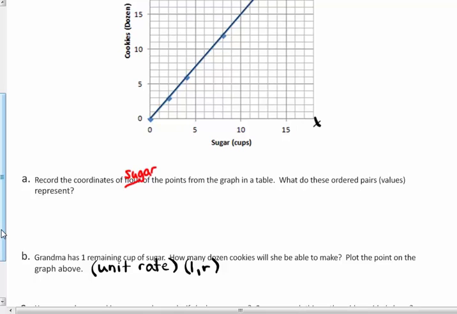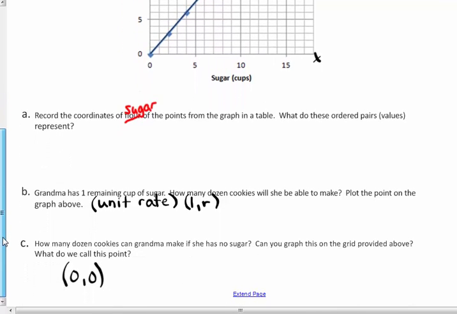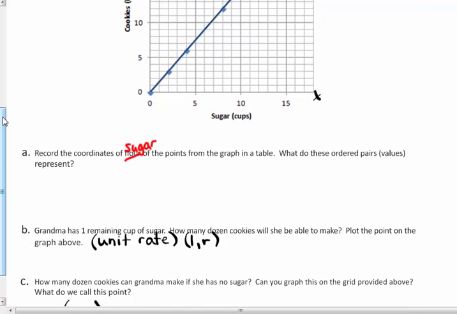What do these ordered value pairs mean or represent? Well, one of the points that I see here, kind of in a box, is this first point. That's the point 0, 0. What does it mean in the context of the problem? Well, it means 0 cups of sugar makes 0 dozen cookies.